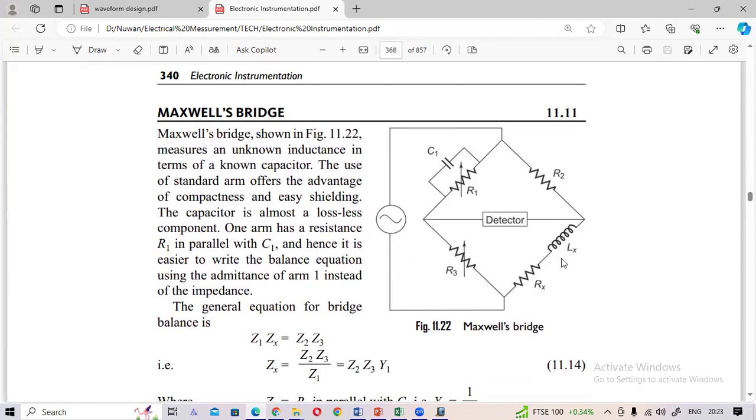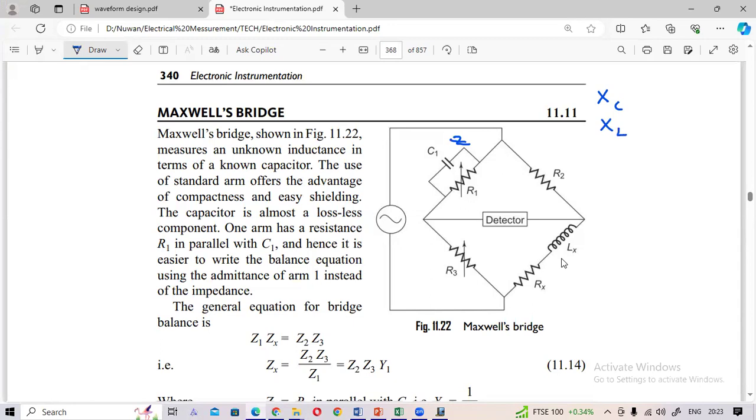Now what you need to do is find the total impedance here. Normally impedances are marked using Z. Reactances are marked with X. If it is a capacitive reactance, normally it is Xc. Inductive reactance is XL.